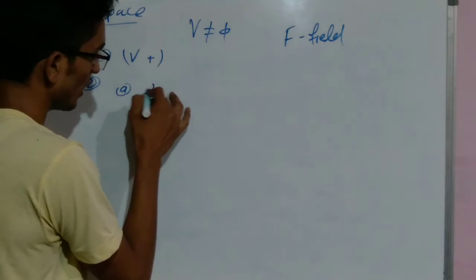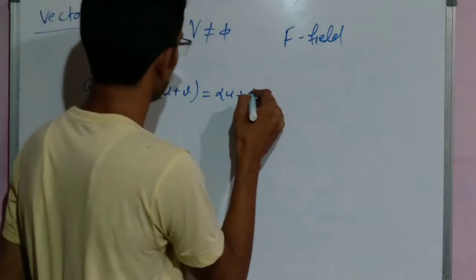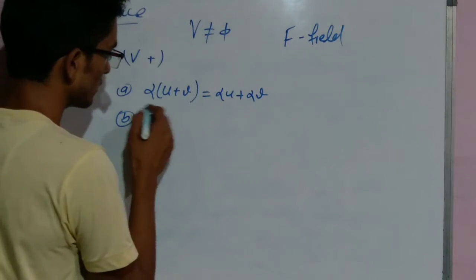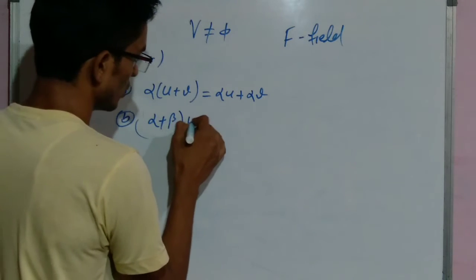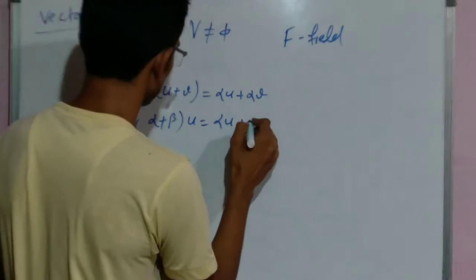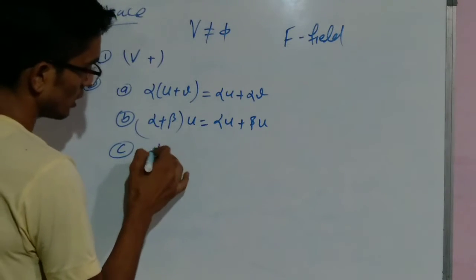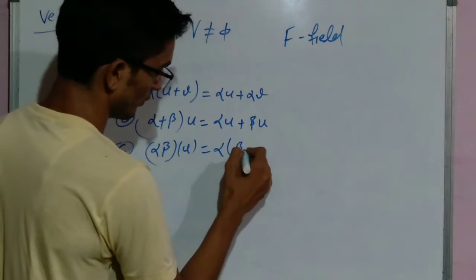Second, A: alpha (u plus v) equals alpha u plus alpha v. B: (alpha plus beta) u is equal to alpha u plus beta u. C: (alpha beta) u equals alpha (beta u).